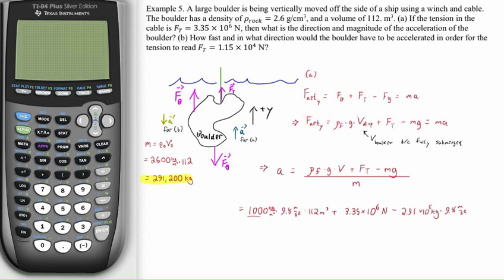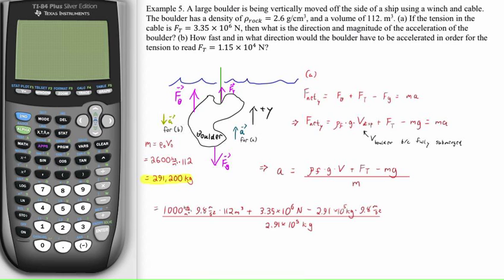And that's all going to be over 2.91 times 10 to the 5 kilograms. I guess it's 2.912, so I'll put that full value in the calculator. Let's see what we get now for our acceleration, and if it indeed is positive, as I claimed in the figure.